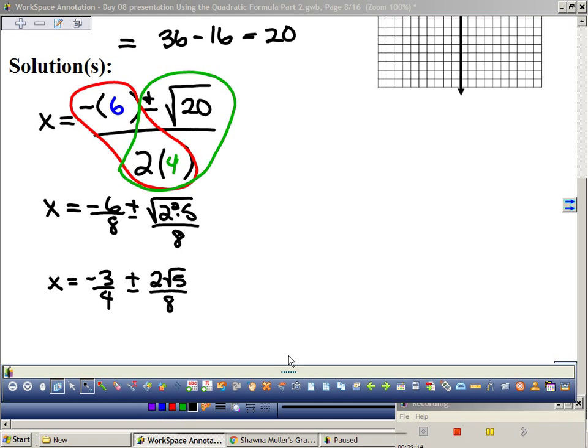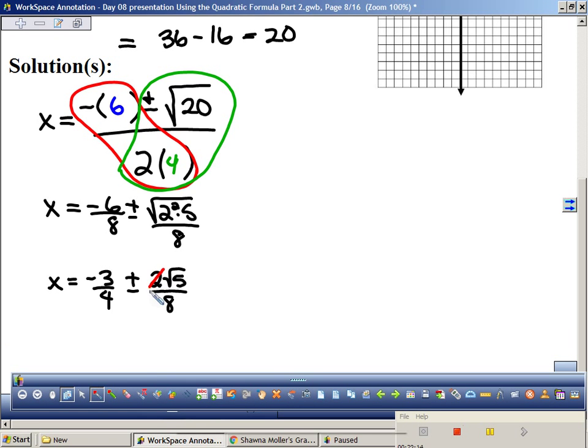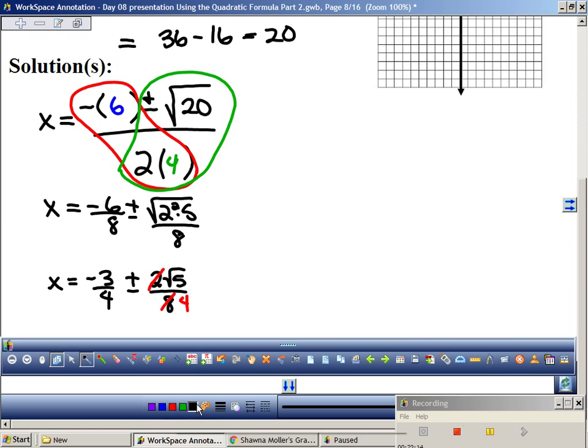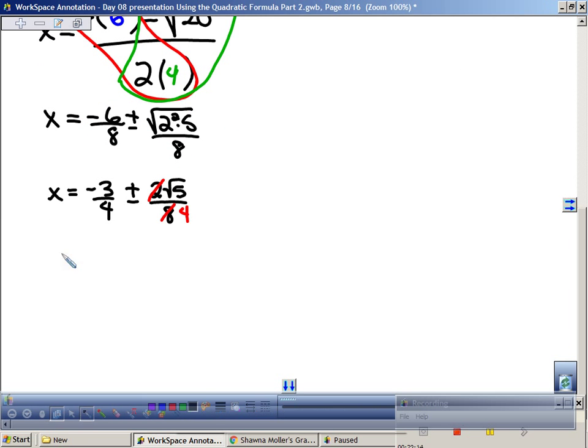I can further simplify that. Be left with a 4. So really, we're done at x equals negative 3/4 plus or minus the square root of 5 divided by 4. Those are my 2 solutions.